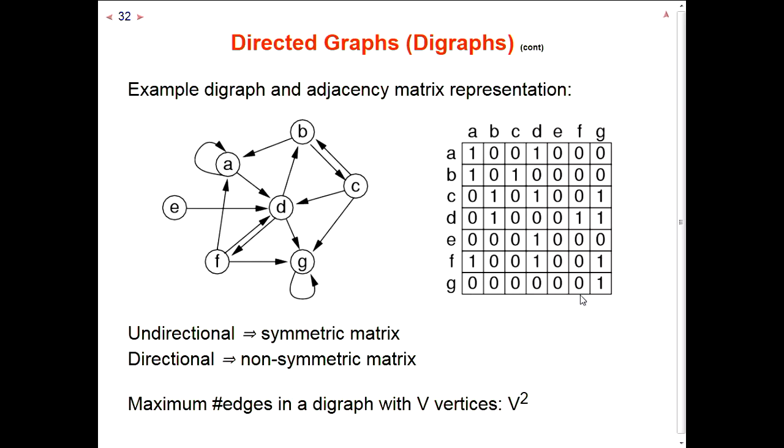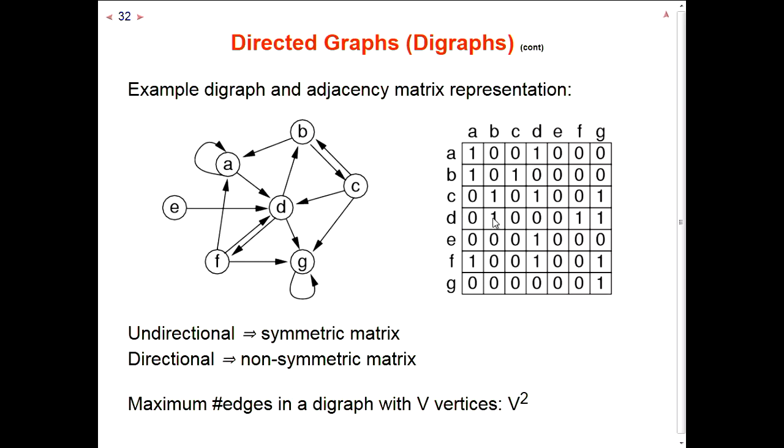So here we have an example of a digraph, a directed graph, where you can see that sometimes we have edges from a node to another node, and also the edge from that node back to this node. But not necessarily. You can go from B to C and C to B, and therefore we have a 1 here, B to C, and also a 1 C to B. But you can't, for instance, go from D back: you can go from D to B, but not back.